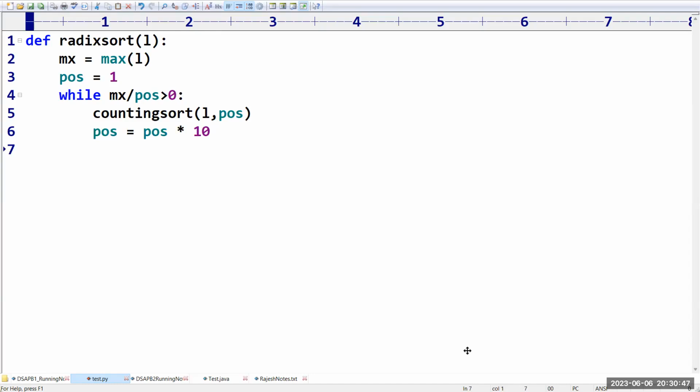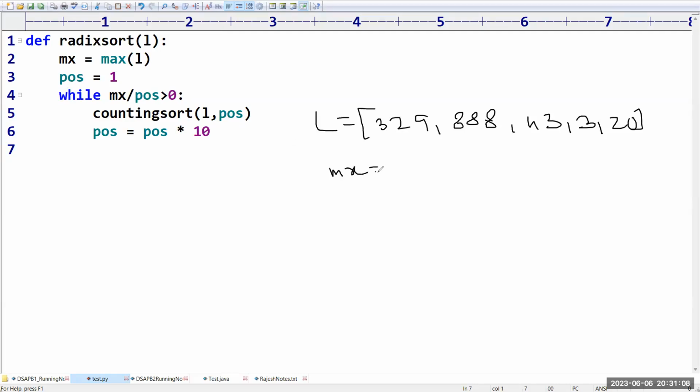Let us have an example. I have a list with some elements, something like 329, 888, 43, 3, and 20. What are we going to do? We identify the maximum element. What is the maximum element? 888.